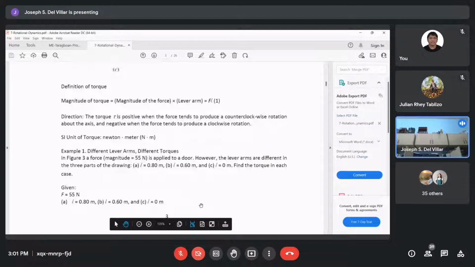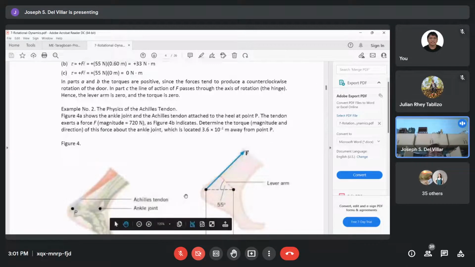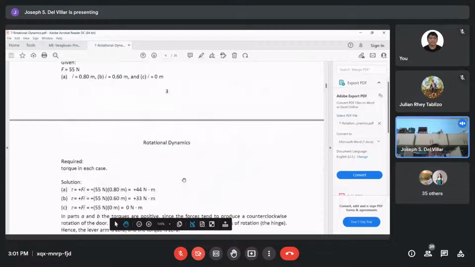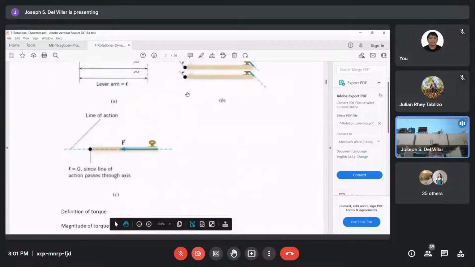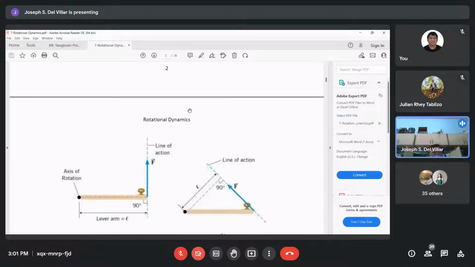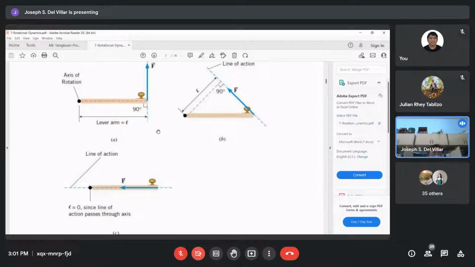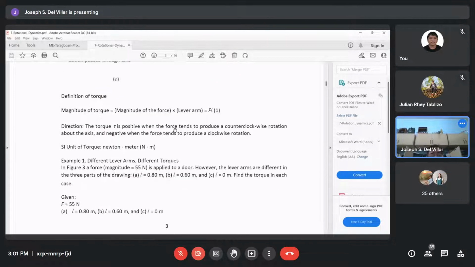Let's have an example. Different lever arms, different torques. Okay, in figure 3, a force of magnitude 55 newtons. So this is the figure. Yes, ito pa rin yung figure, no? Yung door, no? Na may force.